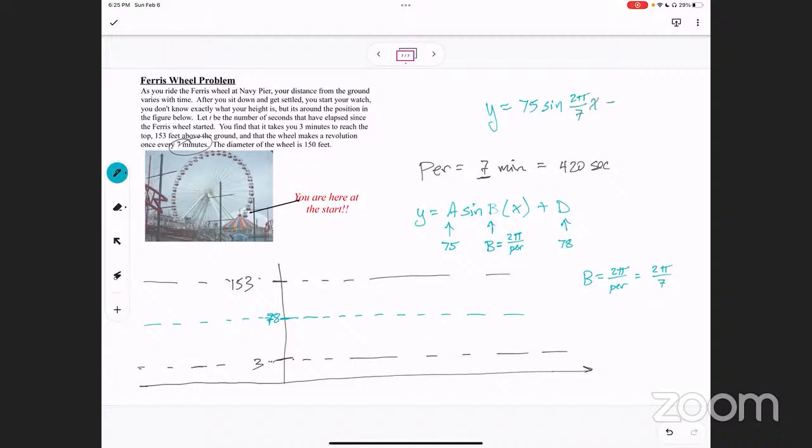Perfect. You got it. And that's your equation. Okay, see how we did that? Yes, good.